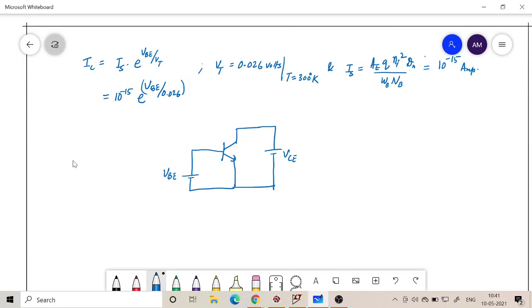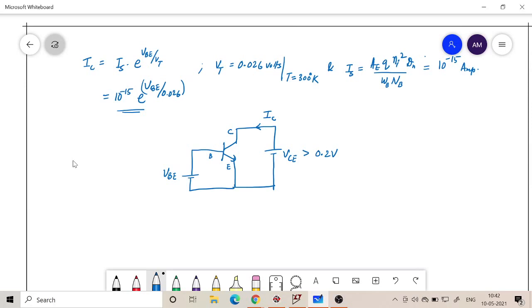This VCE should be greater than 0.2 volt, and VBE should be a forward bias voltage, so that the base emitter junction is forward biased and the collector base junction is reverse biased. And this is our IC. We saw that IC heavily depends upon VBE according to this expression, whereas there is no term relating to VCE in the expression for collector current.